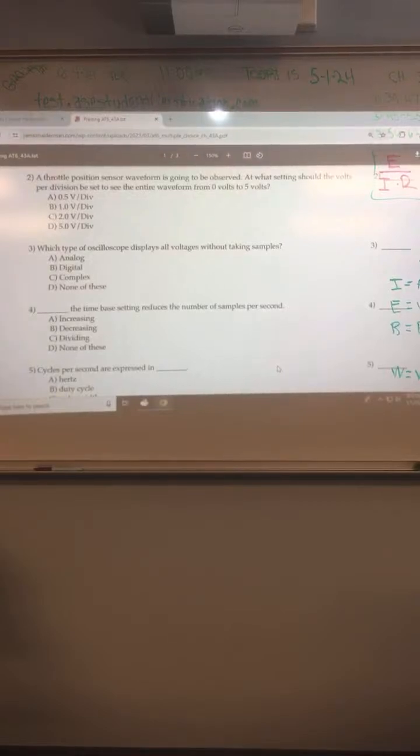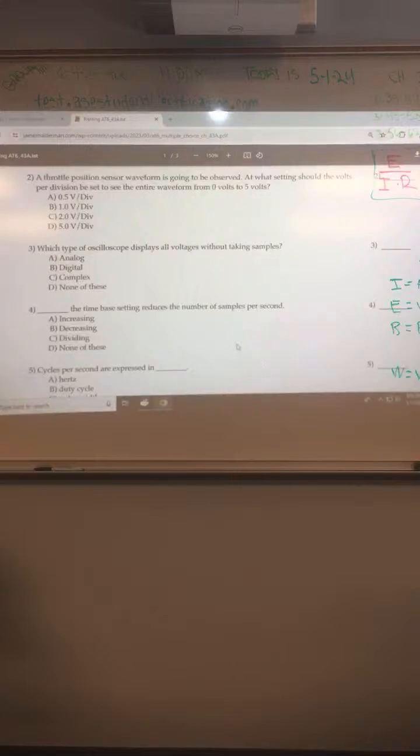Number 2, a throttle position sensor waveform is going to be observed. At what setting should the volts per division be set to see the entire waveform from 0 volts to 5 volts? I wasn't sure about that when I was looking on page 46.